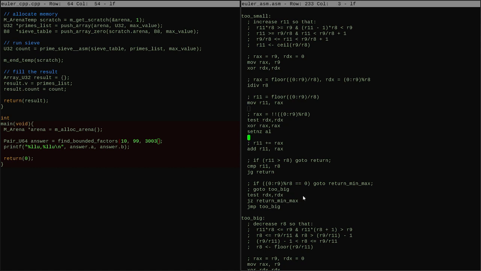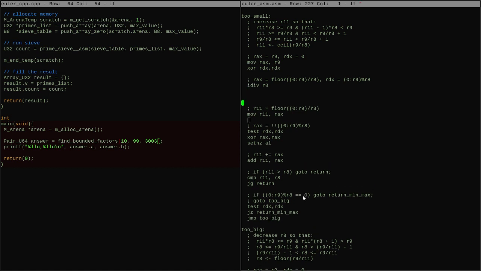So why don't we try this? Why don't we try and look all the way up here at just branching in two different ways instead. If the remainder equals 0, go to 2 small 0.